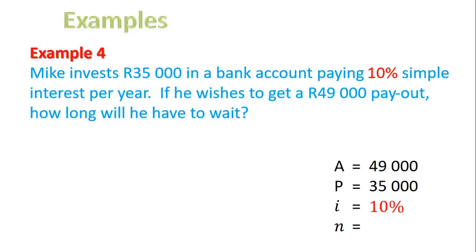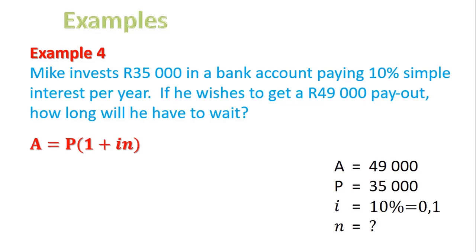We write it down, but then we must also remember we have to change it to a decimal. So 10% as a decimal is 0,1. Then N, it asks how long do we have to wait? In other words, how long, the time, your N. So now we use our formula. A equals P 1 plus IN.